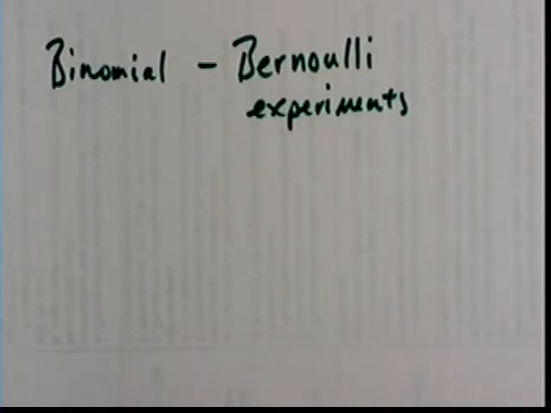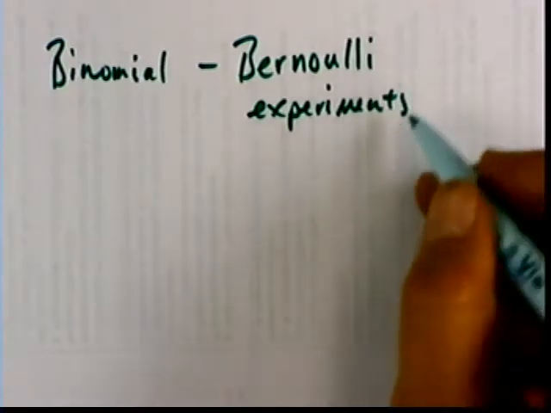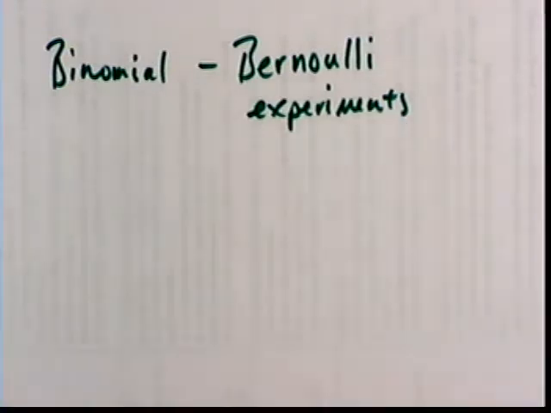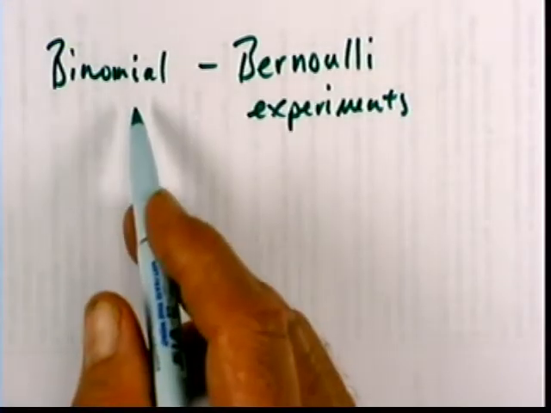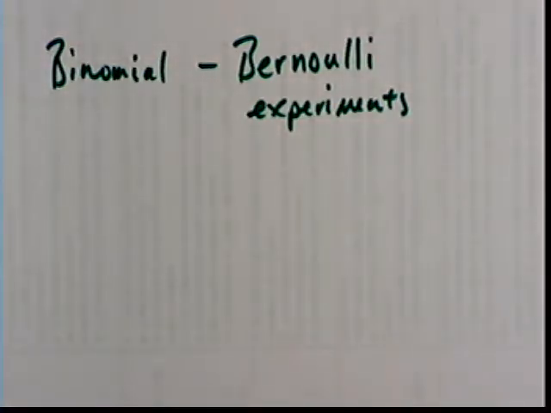Flipping a coin, heads or tails. The gender of a child, male or female. Improved or not improved. And yes or no. Success or failure. So a Bernoulli experiment is going to be one trial, one situation. Then a binomial is going to consist of multiple Bernoulli experiments.